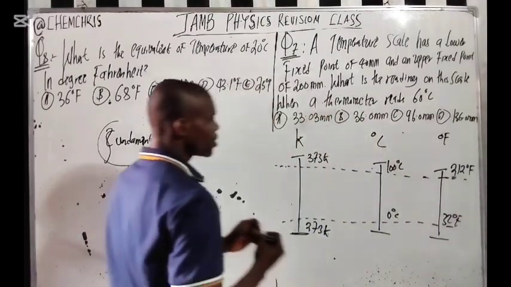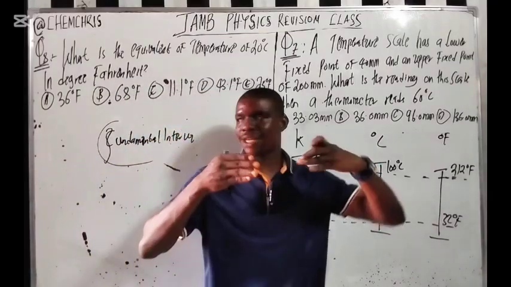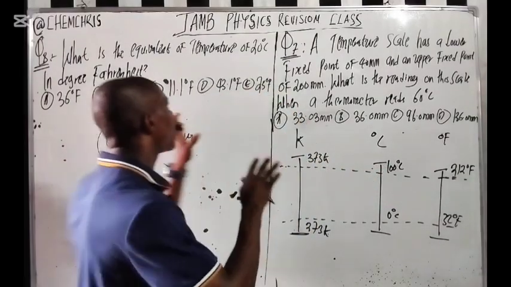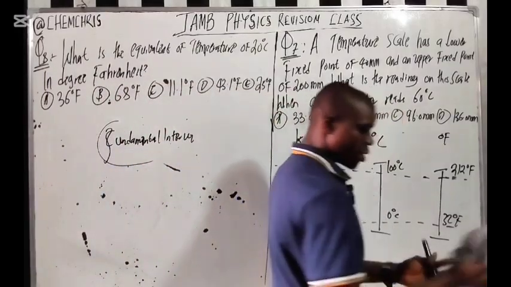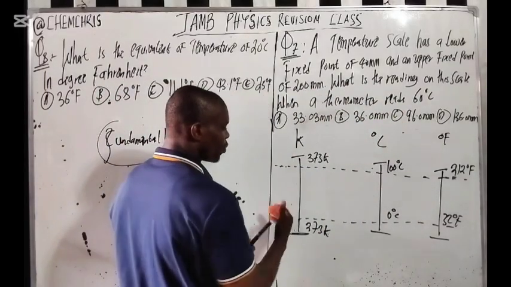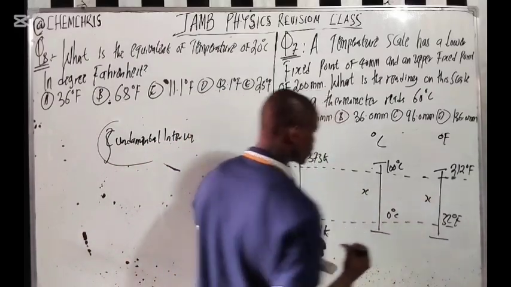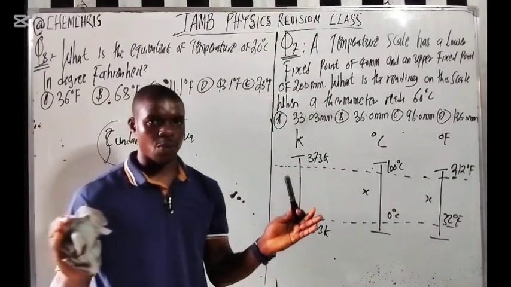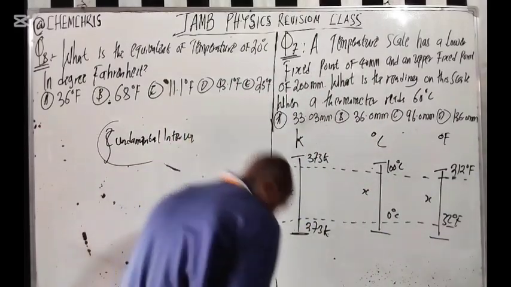Do you understand? These are things you need to keep in mind when solving any question on temperature. Remember, each of them has its own interval. Now I'm going to show you how to solve different questions, so let's get into each of these questions.